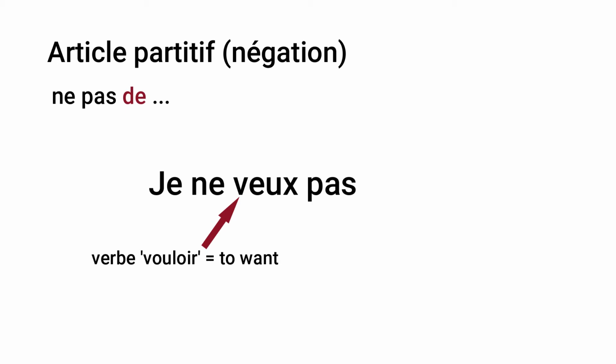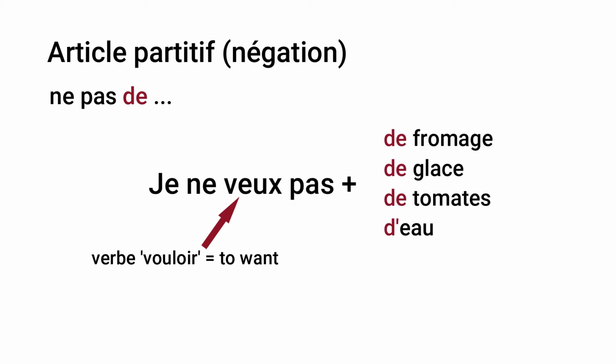Je ne veux pas. Je ne veux pas means I do not want. The first one is je ne veux pas de fromage. Fromage is cheese. So here it does not mean I do not want some cheese, but it means I do not want any cheese. Next one is je ne veux pas de glace.